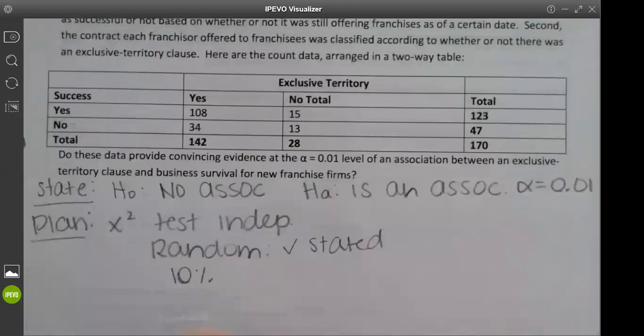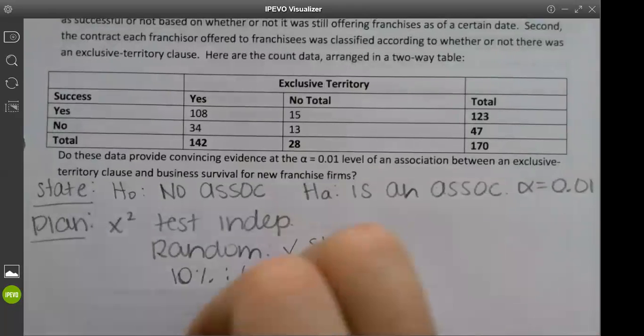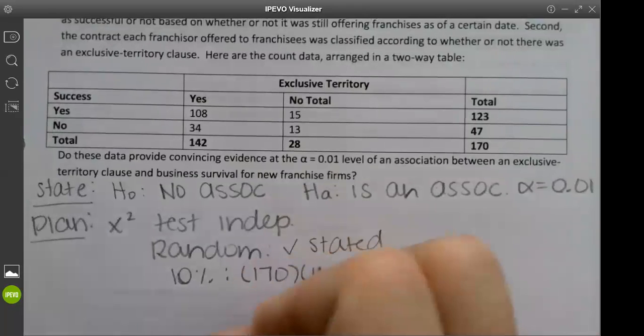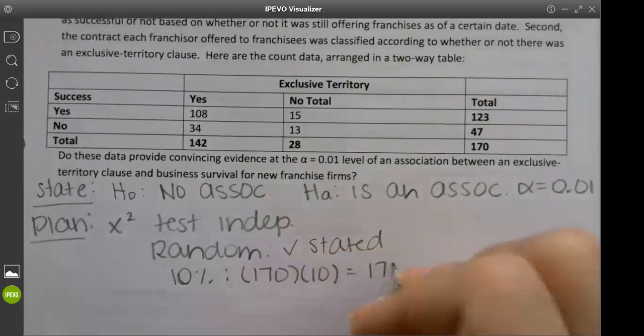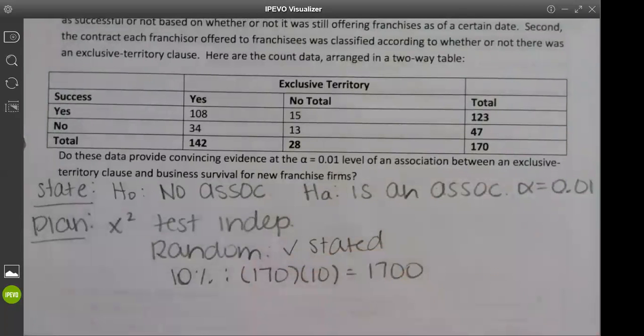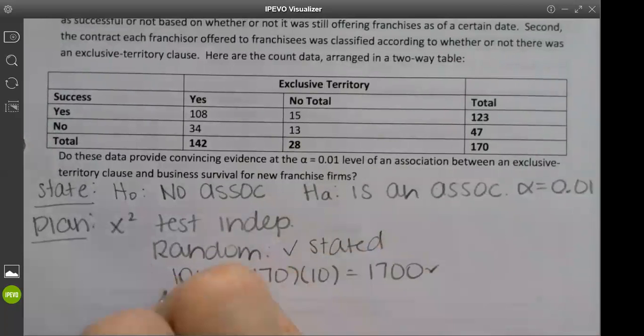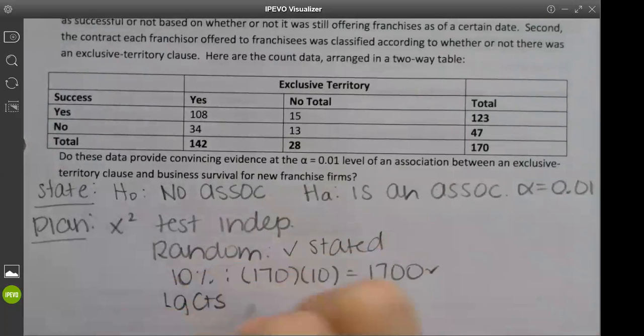We're going to say that there's more than 1,700 new franchise firms, and there probably are more than 1,700 businesses. And then the last is large counts, and we have to figure those out.